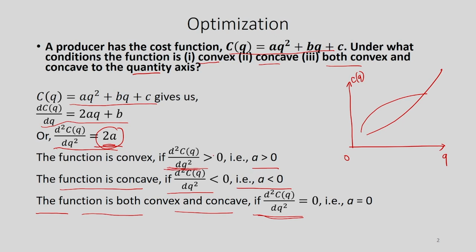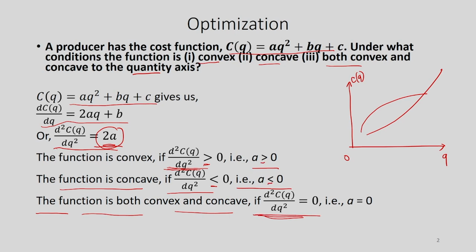In case of weak convexity, it is greater than or equal to 0, and for weak concavity, it is less than or equal to 0. So if we have weak convexity and weak concavity, then the relationship of the second derivative with respect to 0 is also weak. In that case, the function is both convex and concave in a weak sense if the second derivative is equal to 0, right.